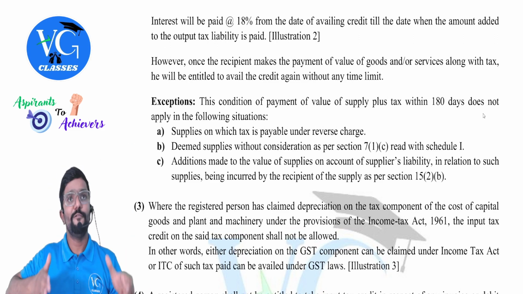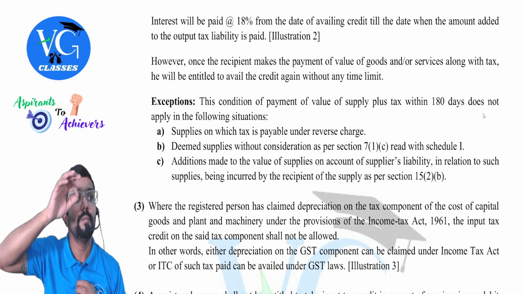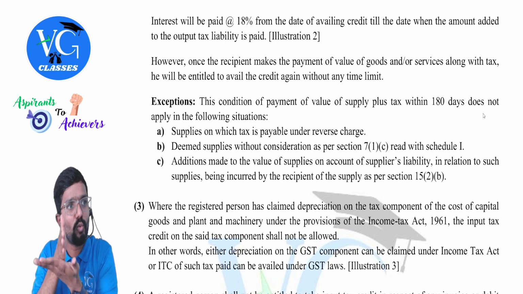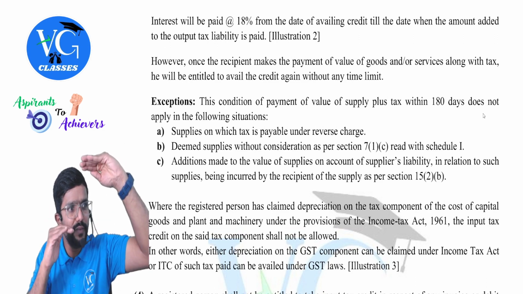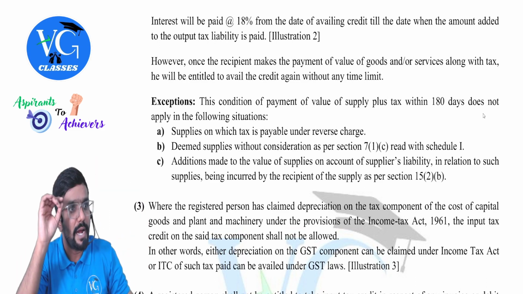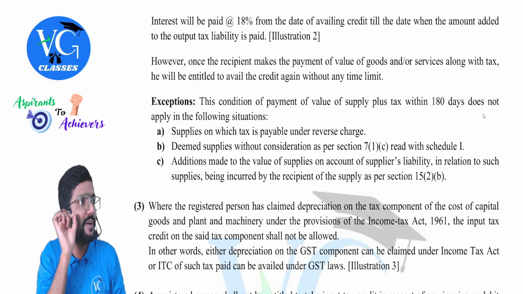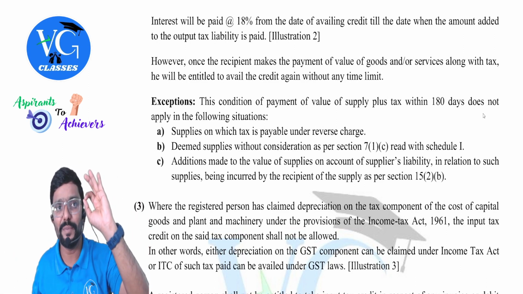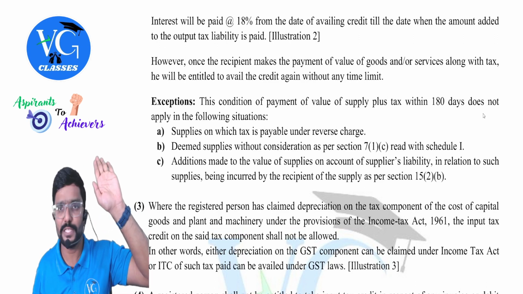So for May month, when 180 days is over in my example, assume output tax is already 50,000 for whatever outward supply is made.